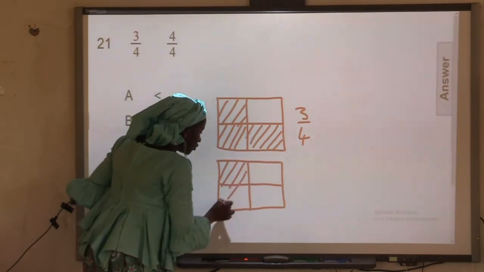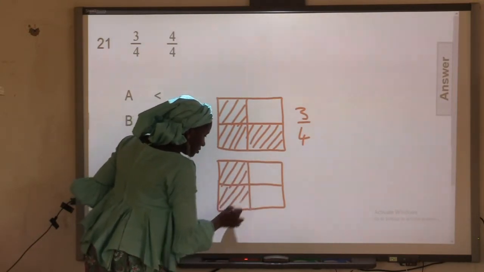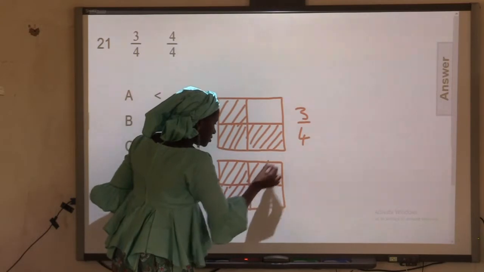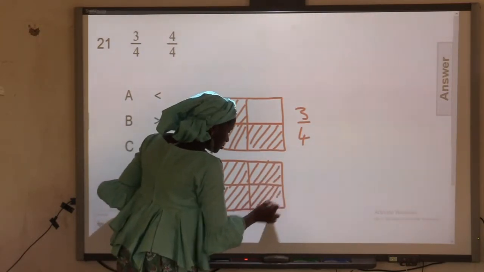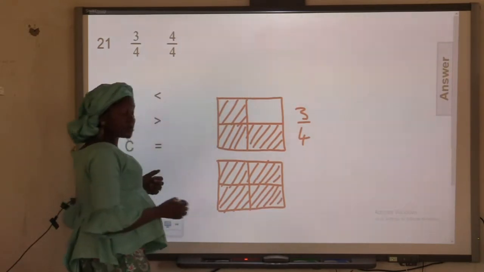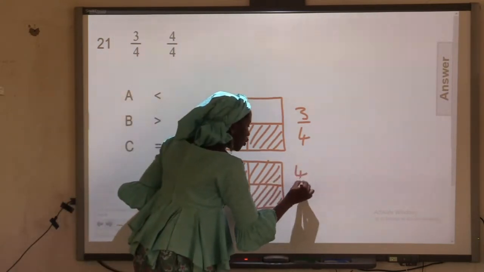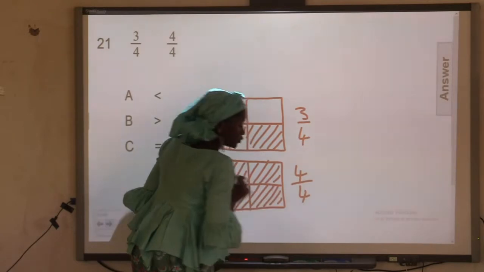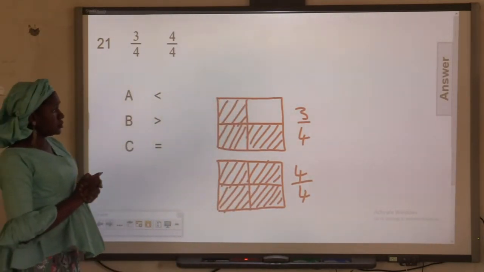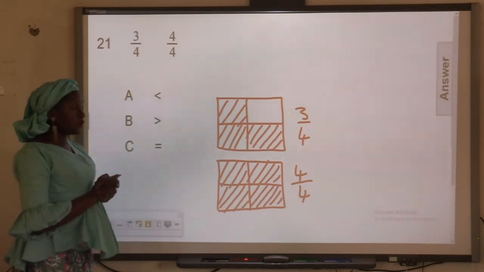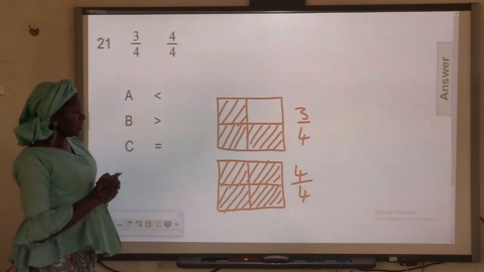Now I'm shading the whole 4 parts, which is 4/4. Now, can you tell me the difference of these?